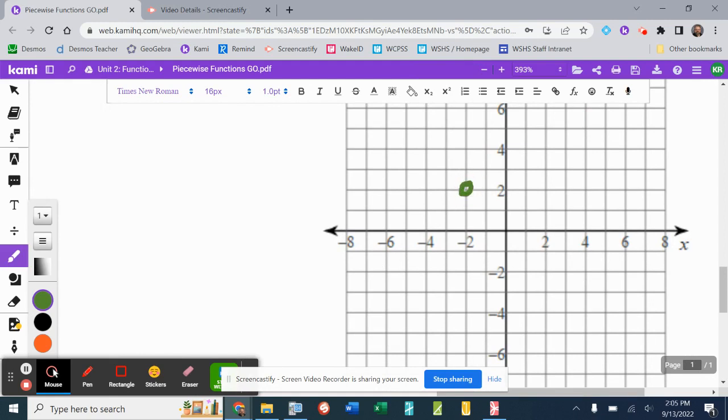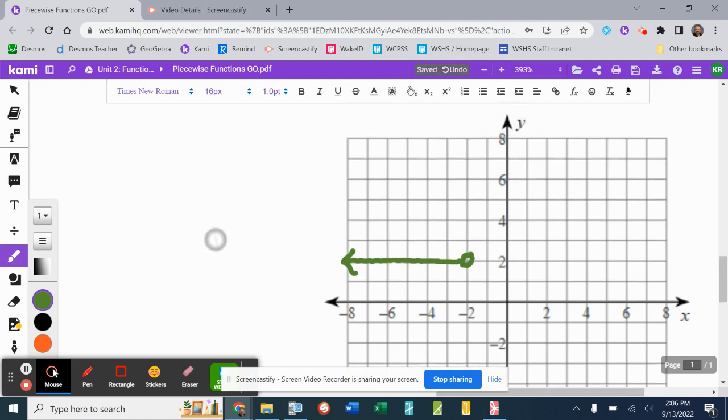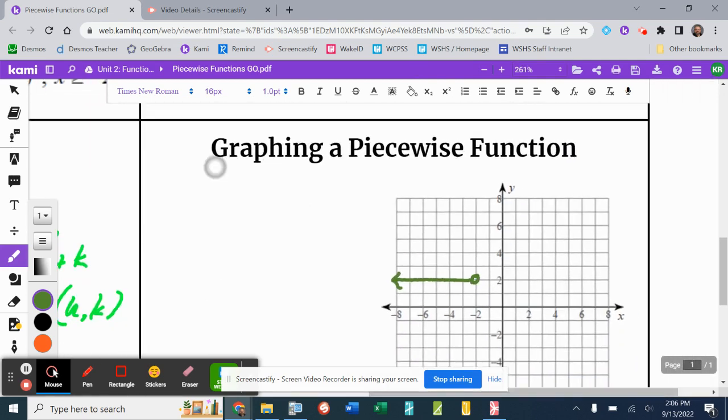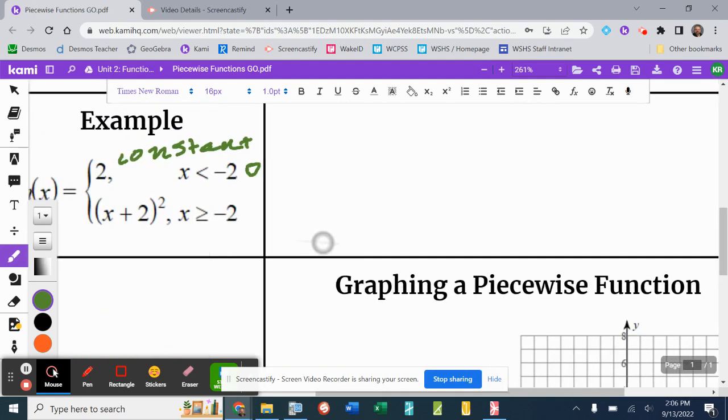And as long as x is less than -2, the value of the function is 2. And since it just says less than -2, that means this thing is going to go on back to -infinity. So there's the first piece to this piecewise function. We've graphed it for that domain.